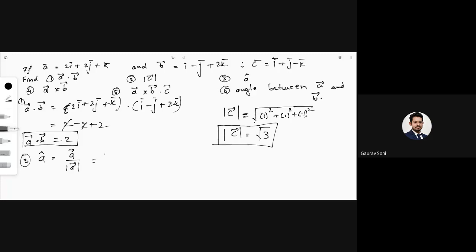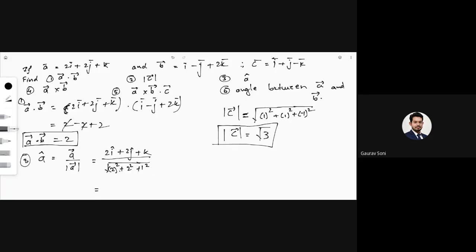So this is equal to 2i plus 2j plus k upon under root 2 square plus 2 square plus 1 square.